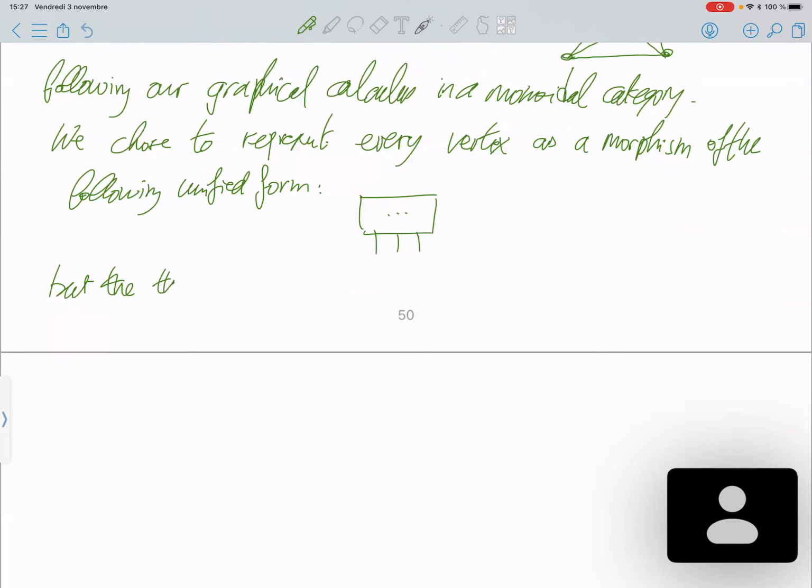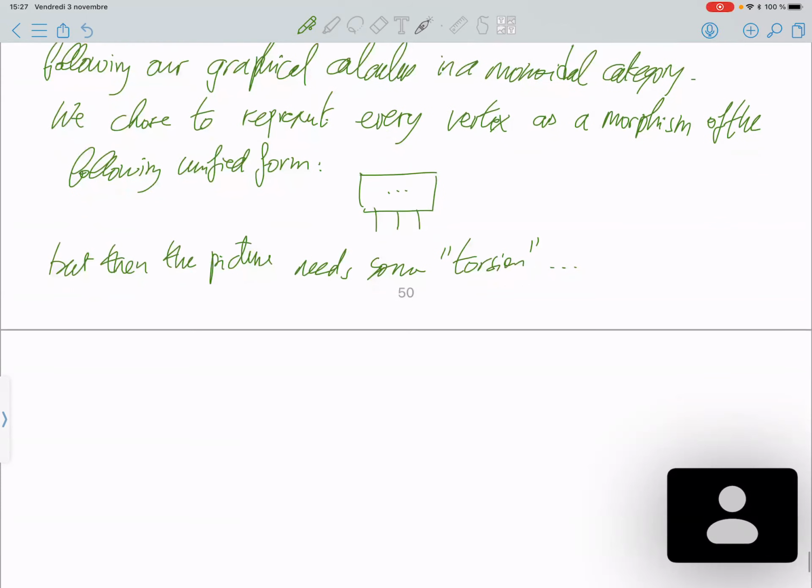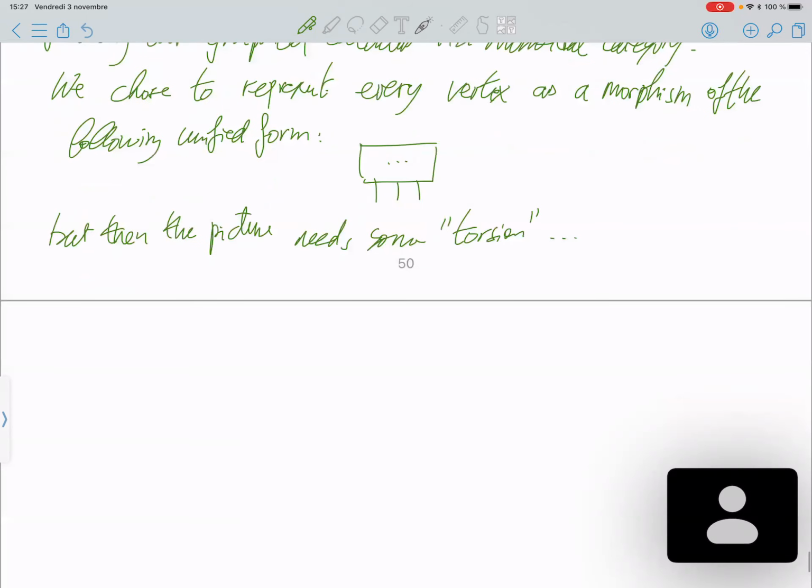And then the picture needs some torsion. So let me see. Let me explain.